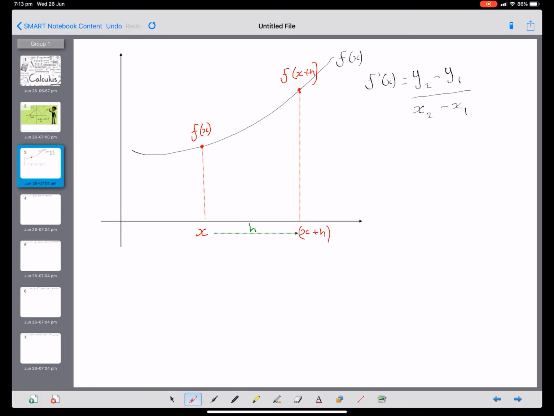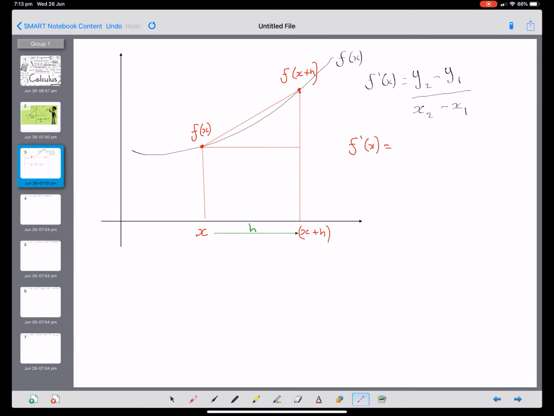Okay, so using our old gradient formula then, let's find the gradient of that line. Let's put some straight lines in. Okay, so we're finding the gradient of this triangle here.